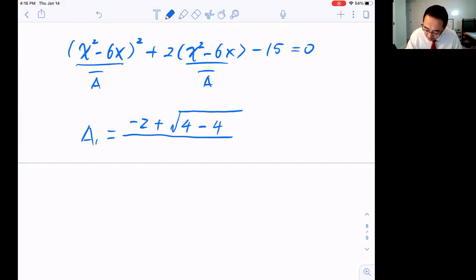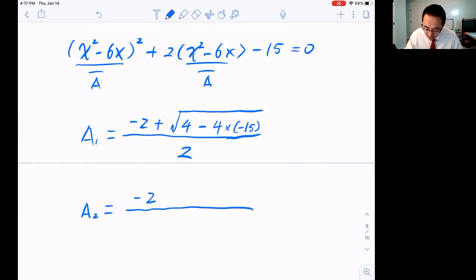And c is negative 15, okay, divided by 2a, which is 2, right? And A2 equals negative b, so negative 2 minus the square root of 4 minus 4 times negative 15, and divided by 2. Right? Everybody with me so far?